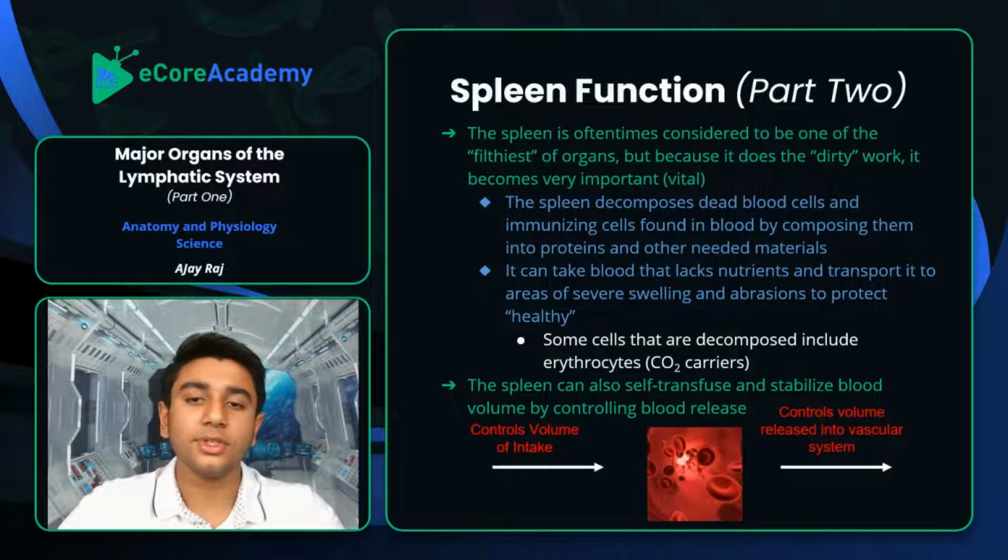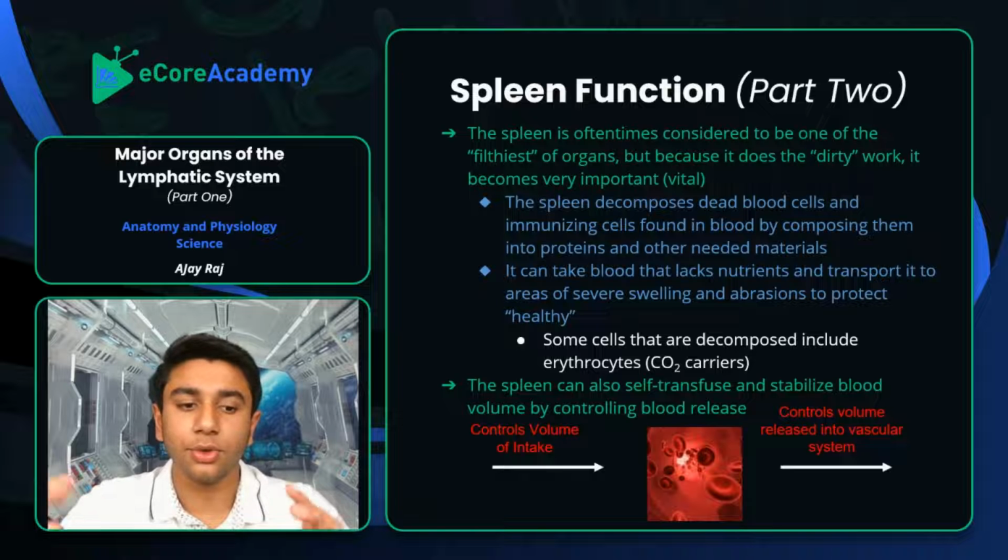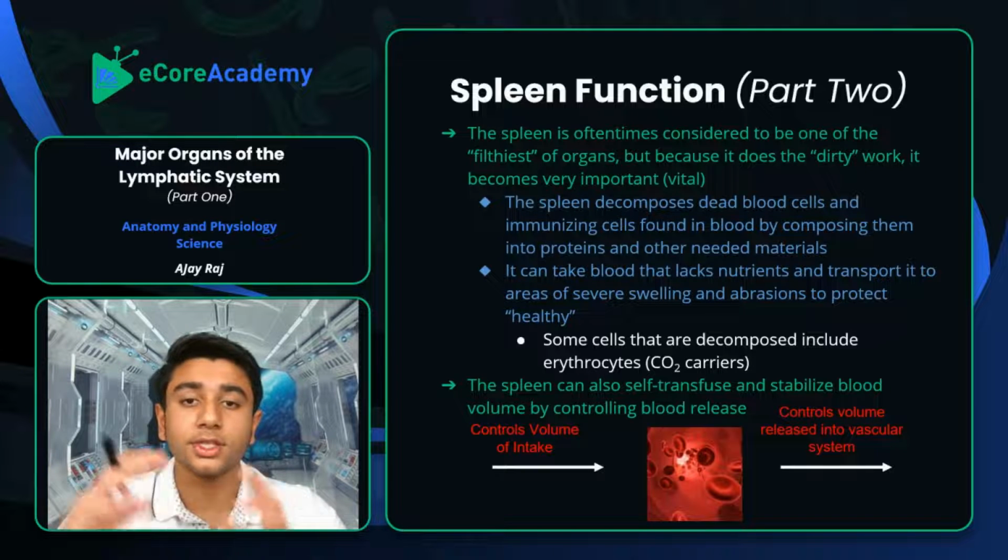So what happens is it has something called your artery, essentially a vein that goes into the actual spleen itself. The blood enters the spleen, and it controls the volume that is actually being taken in by the spleen itself. And this has to do with the necessity of, say, for example, if you're in colder weather, blood actually goes and constricts closer towards your organs and away from your skin.